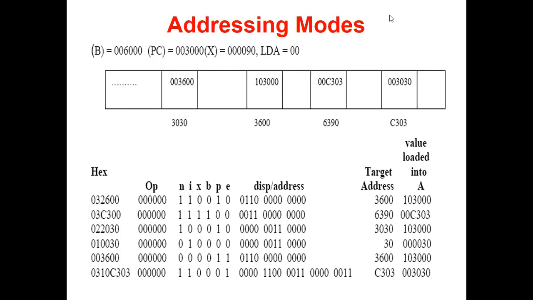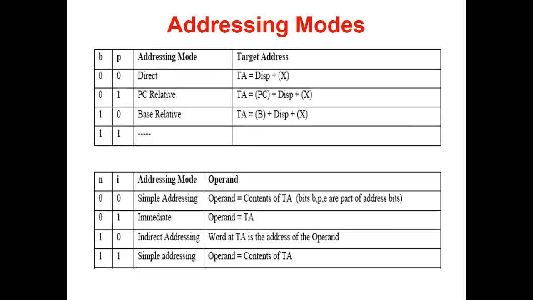Someone is asking, is the table always provided? I don't think we need those things. You can't forget those things, by the way. Because let us go back, bits B and P, I told you when B is a 1, it means the base. That means you are going to use the base addressing.